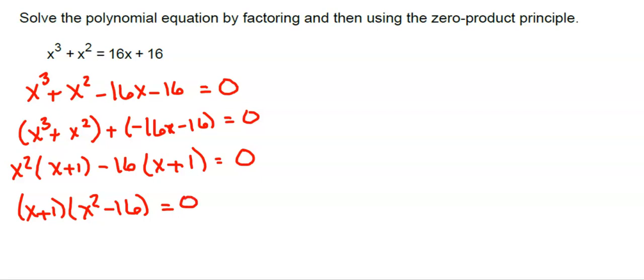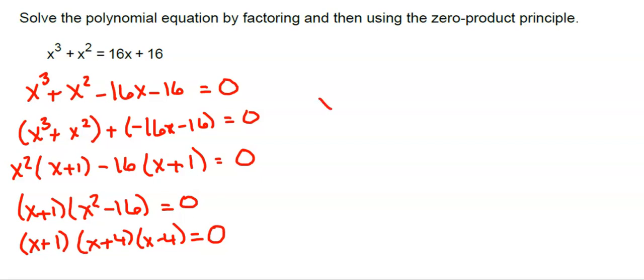The x squared minus 16 is the difference of two squares, so we can factor that into x plus 4 times x minus 4. And now we're ready to use that zero product principle. Since we have three factors that multiply to give us 0, at least one of them has to be a 0.